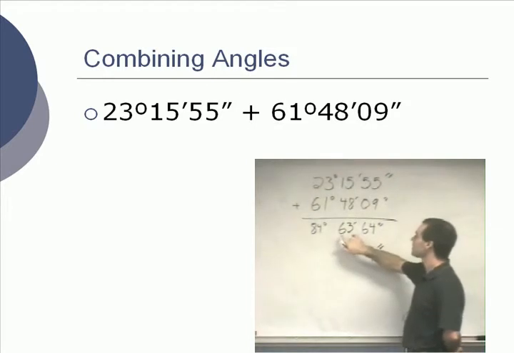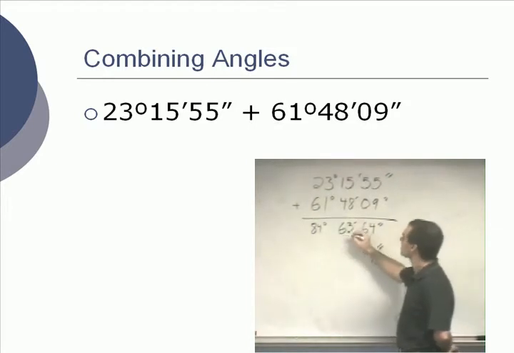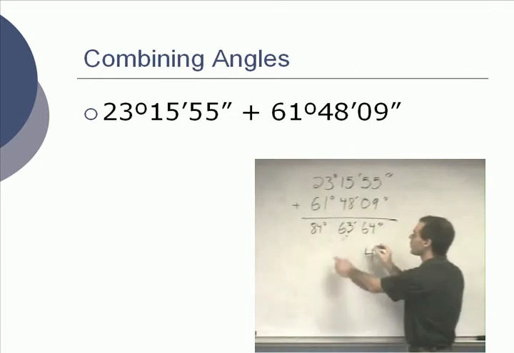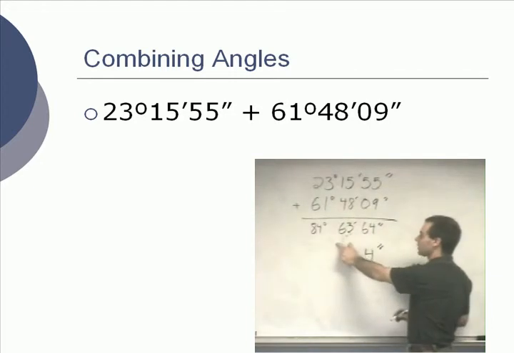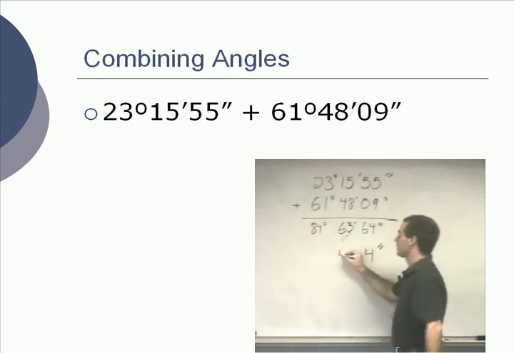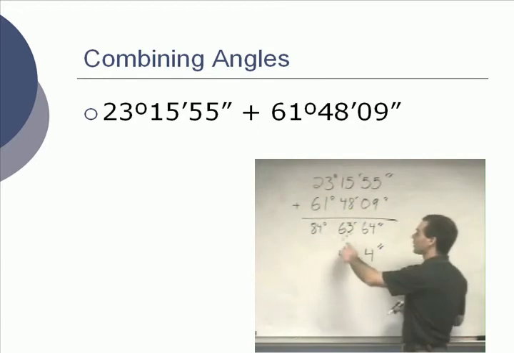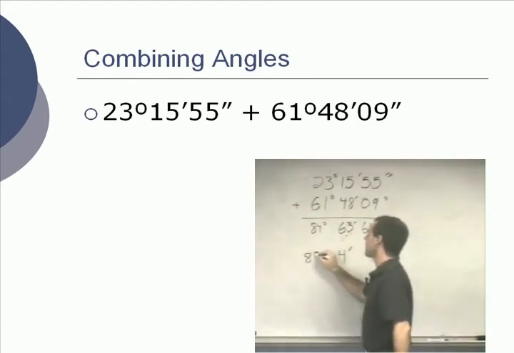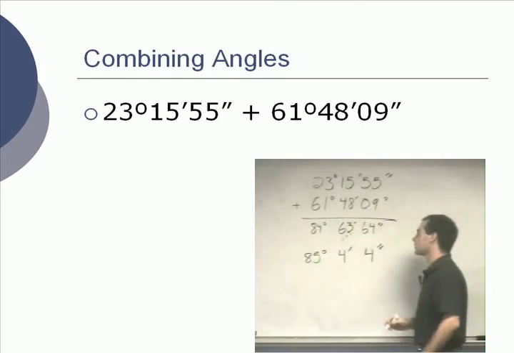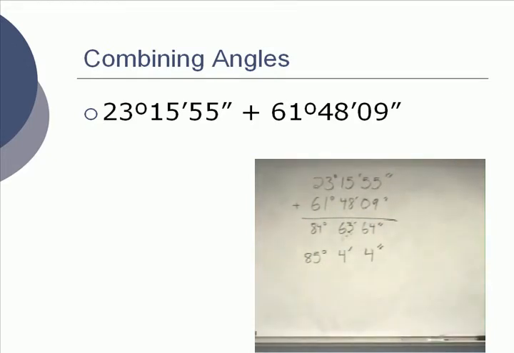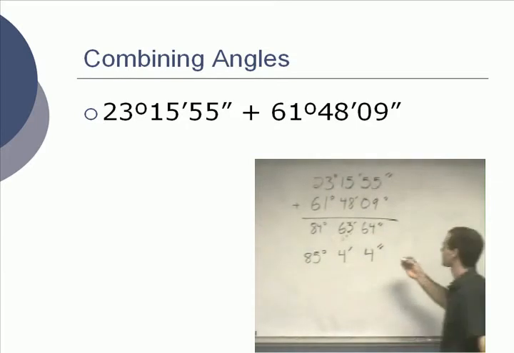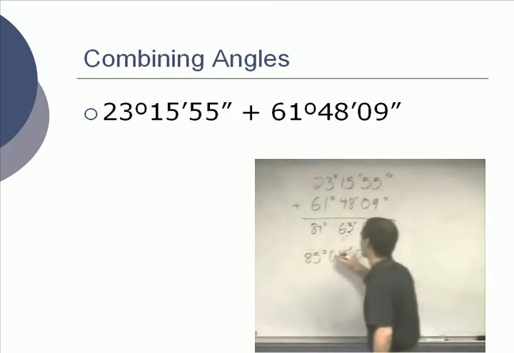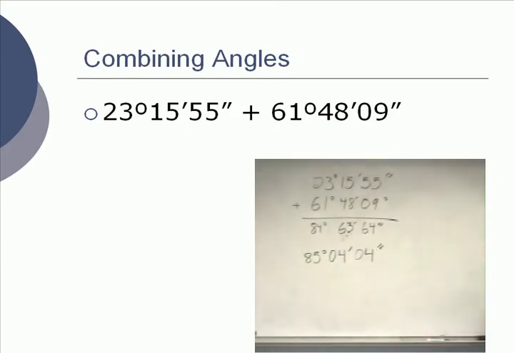This becomes 64 minutes, but 64 minutes isn't acceptable either, so we have to call it 4 minutes and take those other 60 minutes and roll them into another degree. So we've got 85 degrees, 4 minutes, 4 seconds. And we've got them added.